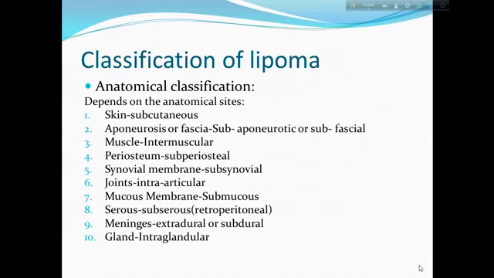Classification of lipoma. Anatomical classification depends on the anatomical site. Subcutaneous lipoma, this is the commonest variety. Others are the subfascial, intramuscular, subperiosteal, subsynovial, articular, interarticular, submucous, subserous, extradural, and intraglandular varieties.